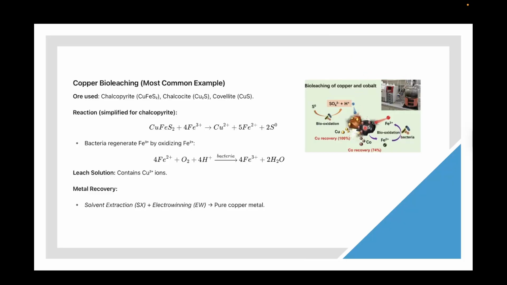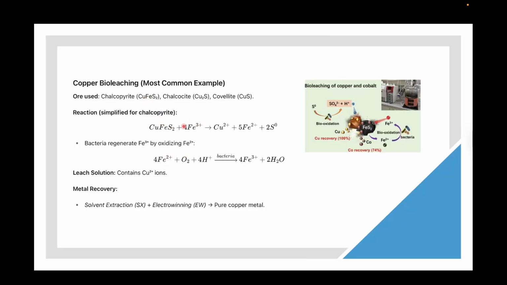Bioleaching of copper and cobalt: you can see here 100% Cu recovery by biooxidation, in which the sulfur produced is further oxidized, and the bacteria involved regenerate the Fe3+ ions, which perform the attack on the chalcopyrite, or here CuFeS2.